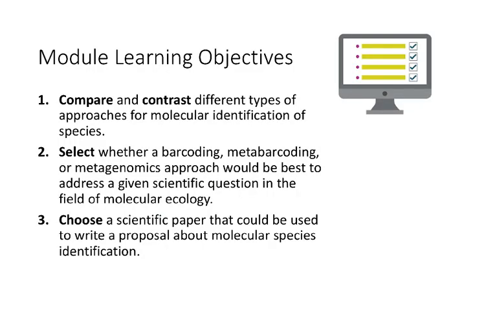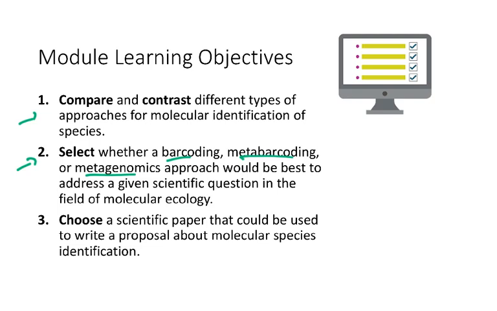For this module, some of the main learning objectives, or things you're going to be able to do by the time you complete this module, are to compare and contrast different types of approaches for using molecular techniques to identify species. We're going to talk about a couple different types of approaches, and one of the things you'll do throughout the quizzes is select which of those approaches, either barcoding, metabarcoding, or metagenomics, would be best to address a given scientific question.